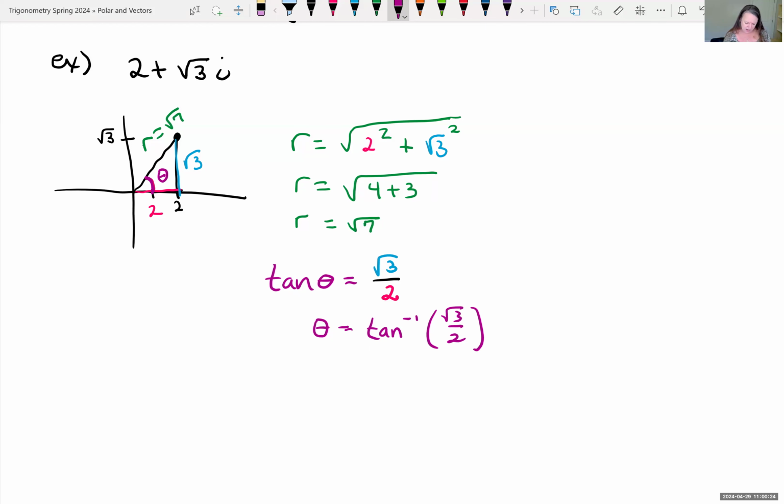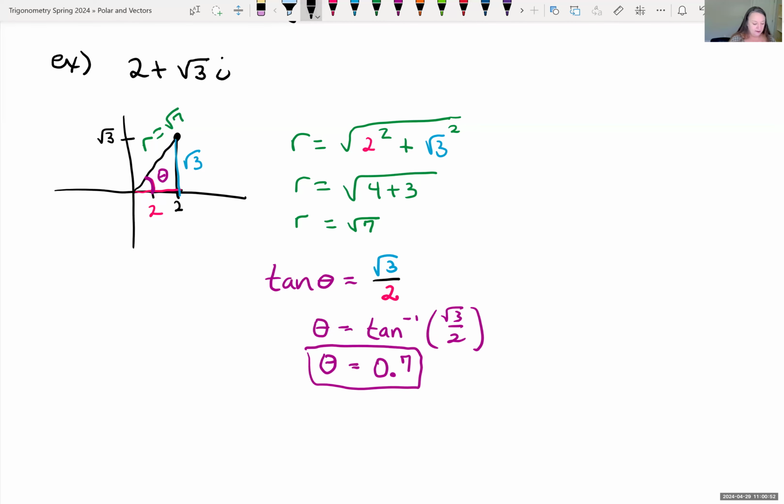So that gives us approximately 0.7. Okay, so theta is approximately 0.7.